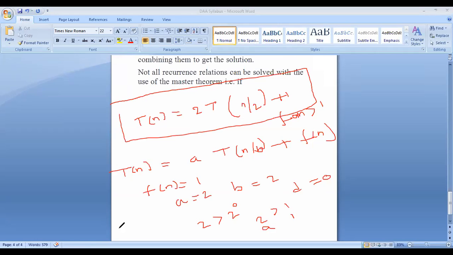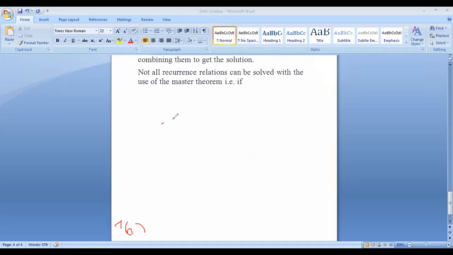So we get the time efficiency for this problem: T of n equals theta of n power log a to the base b. Here a equals 2 and b equals 2, as in the above example I already told you.